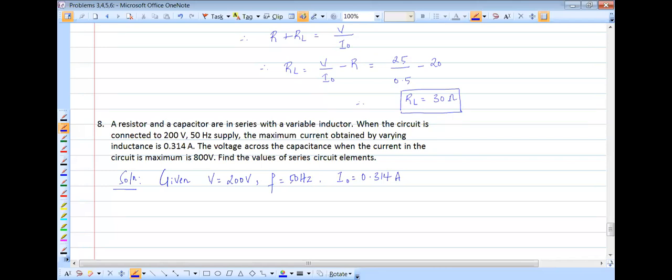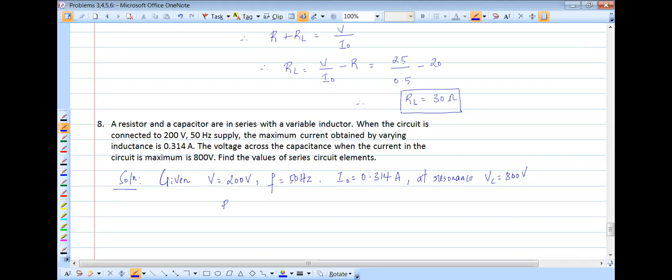The voltage across the capacitance at resonance is also given. At resonance, VC is given to be 800 volts.